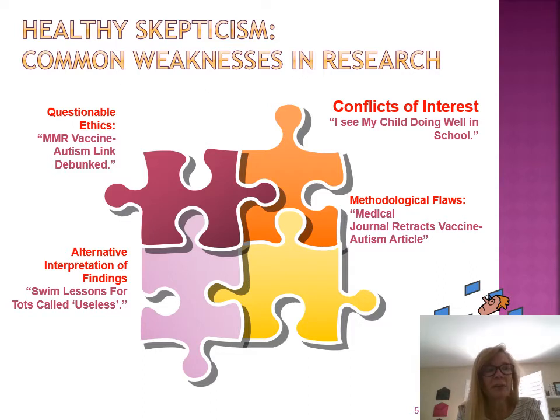There's very little reporting of just the straight up facts or straight up observations. So I personally have found, especially over summer, when I'm not really teaching that much, that it's worth my while to dig a little deeper and find the primary sources if it's something that I really want to know about. So, common weaknesses in research and a reason for you to have some healthy skepticism with respect to scientific claims.